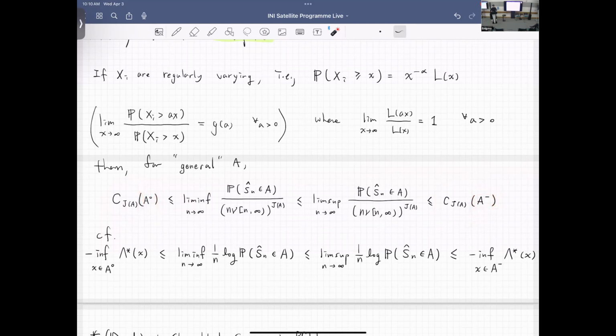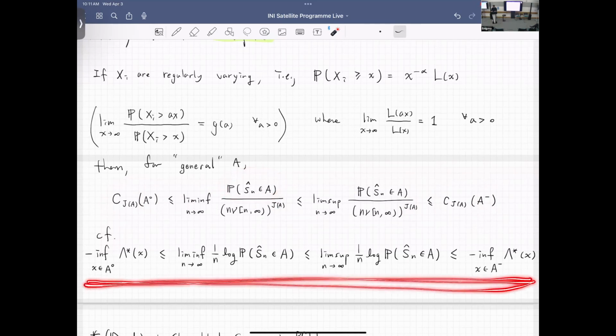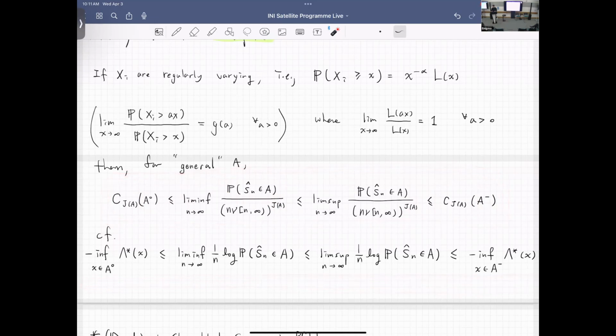So again, this is very topological, and the choice of the topology matters. And this is the rate, the number that decides the rate of decay, how fast this rare event becomes rare. So yeah, this is a regular LDP. This is heavy-tailed large deviations.